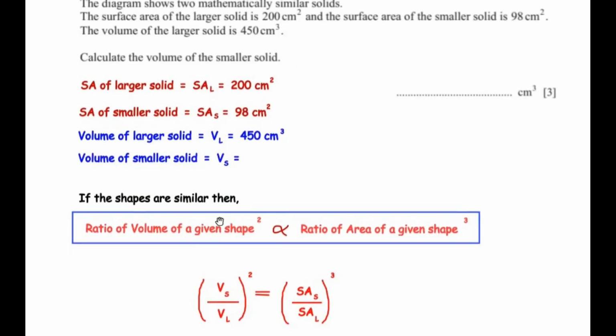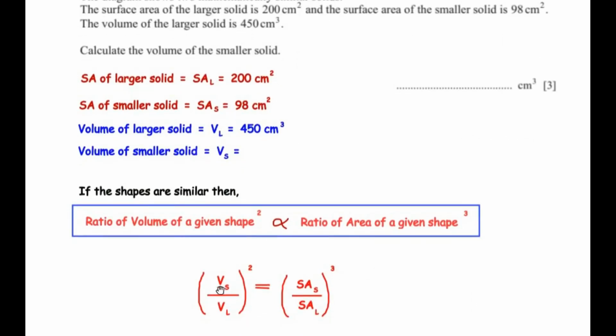So using this relationship, since we need to find out the volume of the smaller shape, I have kept it on the numerator. So volume of the smaller shape over volume of the larger shape. Now this is the ratio of the volumes and we are going to square them according to this relationship.